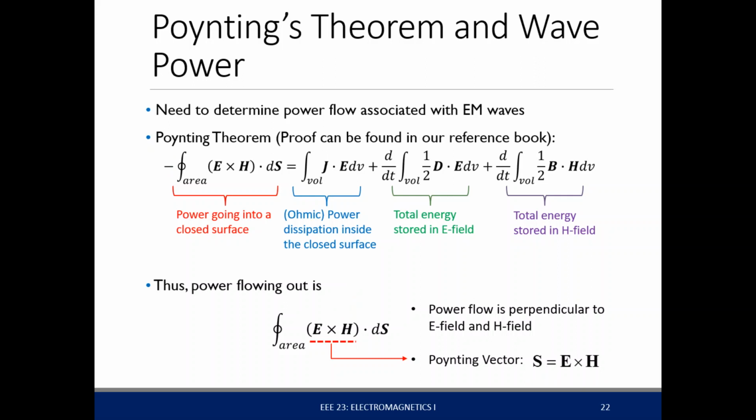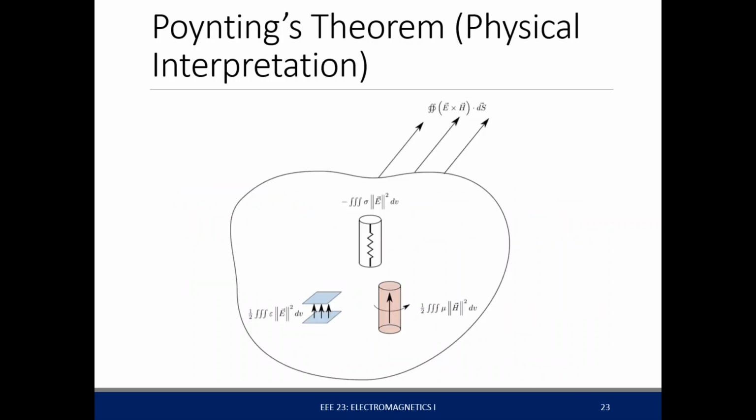So how do you interpret that? The closed region is something like this. Any closed region has a resistance that dissipates the power, some capacitance that stores electric field, and some inductance that stores magnetic field. Does this look familiar? It should look familiar.